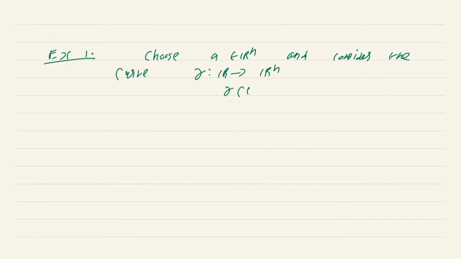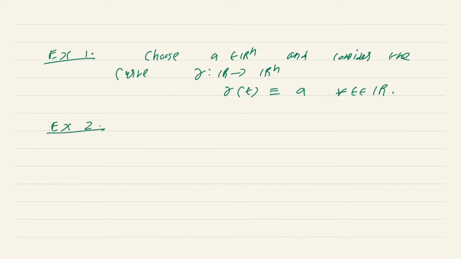Gamma of t is just a for all t in R. This is just a point. This is not really a curve. This is a trivial curve. But of course, the first example should always be a trivial example. This is a golden rule of mathematics, the first commandment of mathematics.